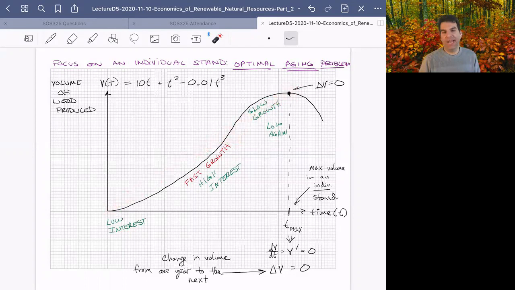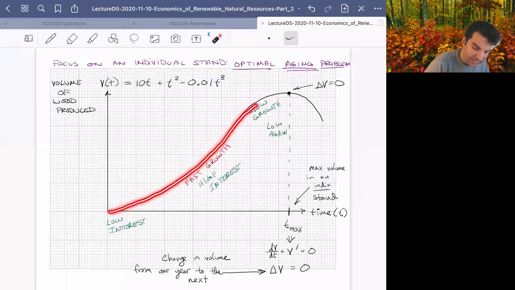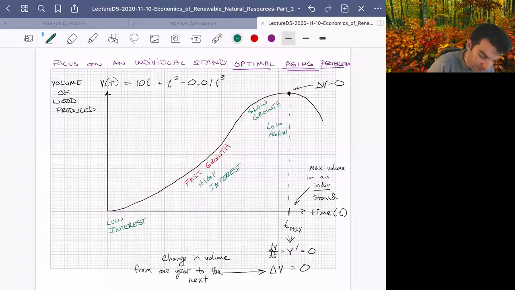So in order to maximize my MAI, I need to find a line that's tangent to this curve that has the maximum slope. And that line is going to be, I'm just going to draw a straight line here, try to pierce. So right there, this point right here.